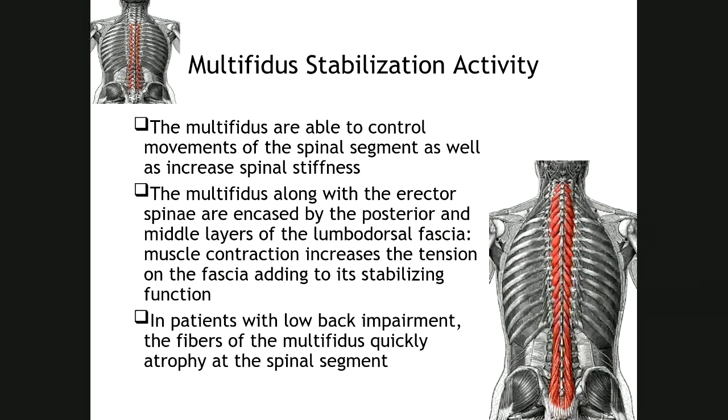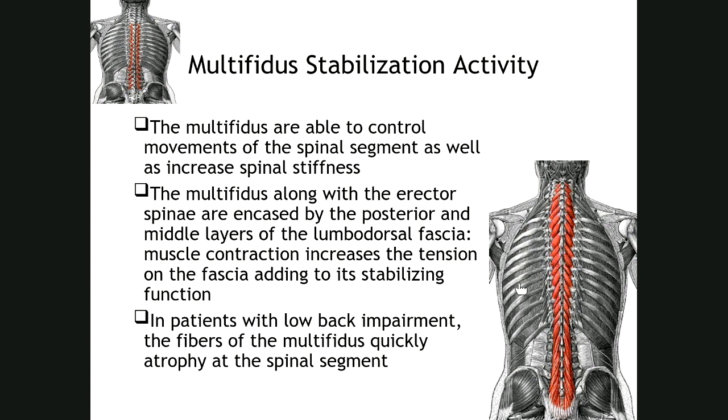Then we're talking about the muscles. So now we're going kind of specific to certain types of muscles that we're going to be activating or strengthening during our stabilization and strengthening exercises when we're in lab. The multifidus is able to control movements of the spinal segments as well as to increase stiffness in the spine. The multifidus also works with the erector spinae.